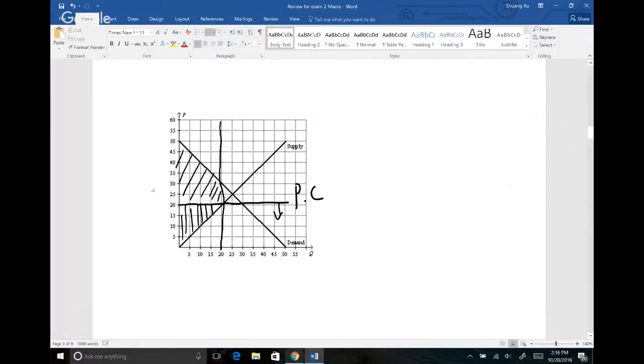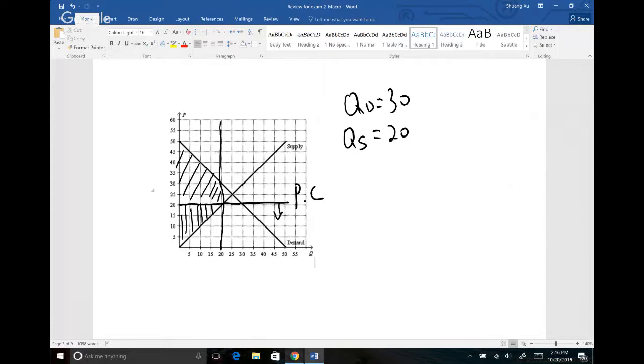is your consumer surplus. The reason is that even though at $20 our quantity demanded is going to be 30 units, the quantity supplied is only 20 units. Consumer surplus only happens when consumers actually buy the good.